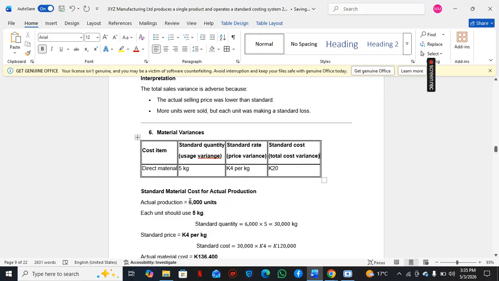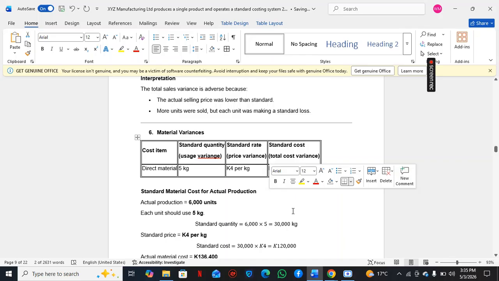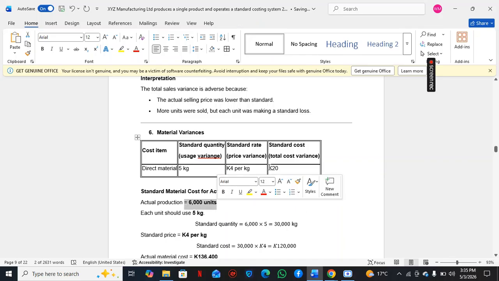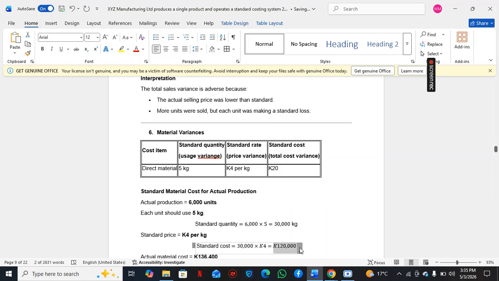For the 6,000 units we produced, the total material cost is 20 kwacha each. I should have said this earlier: 6,000 times 20 kwacha gives you 120,000 kwacha. If you remember the standard cost card like this, you know where you're getting your information for each variance.